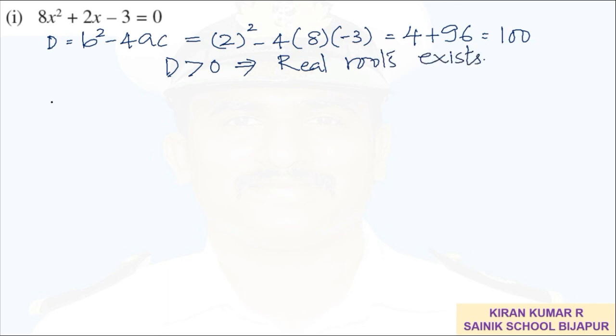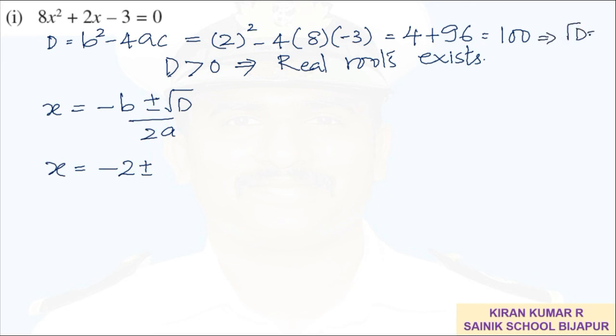Now the roots exist. We need to find the roots. The roots we can find by x is equal to minus b plus or minus root of D by 2a using this formula. Let's substitute minus 2 plus or minus root D, which is root of 100, nothing but 10, by 2 times 8.